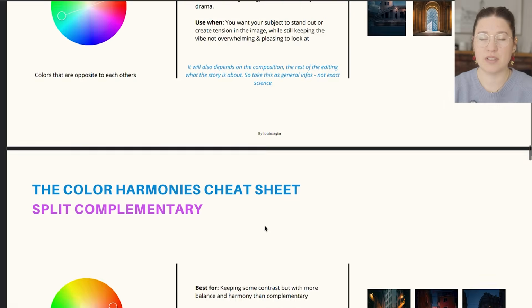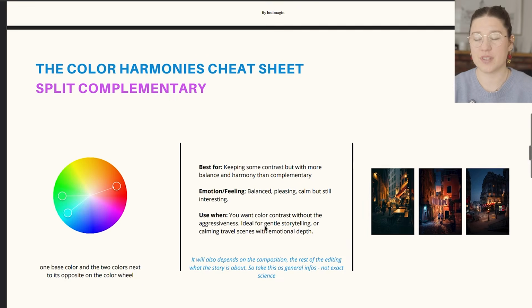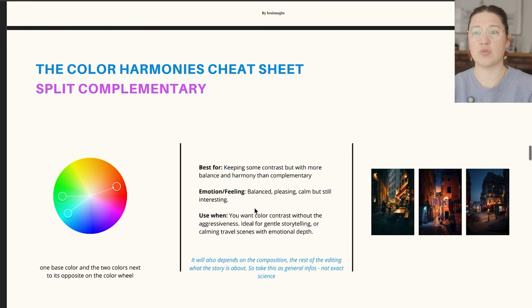Okay, then split complementary. This is my personal favorite. I use it in almost all of my photos. I love it because this is really balanced and it really gives richness in the colors, because this is not only two colors like complementary color harmony. We have 3 different colors, and so I found that it gives more depth to the image. Use when you want color contrast without the aggressiveness.